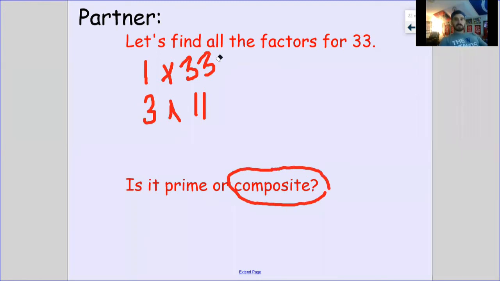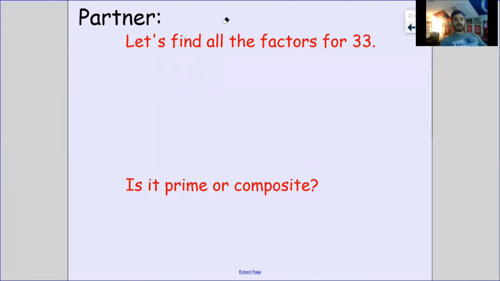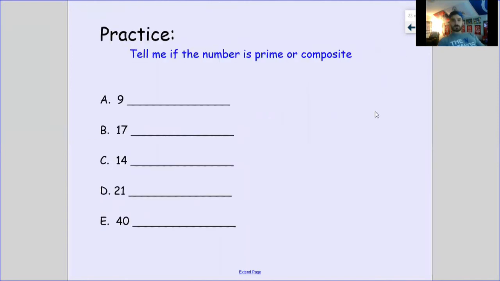So guys, hopefully you're using the calculator. Hopefully you're using those strategies that I told you about, either listing multiples or dividing with the calculator. This next slide that you see here, I'm going to be using this in class for question of the day.